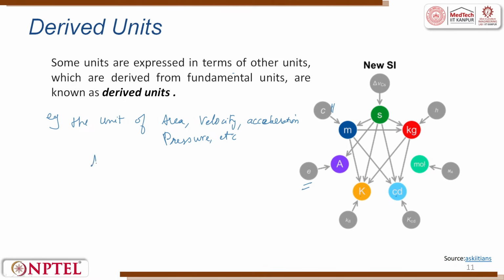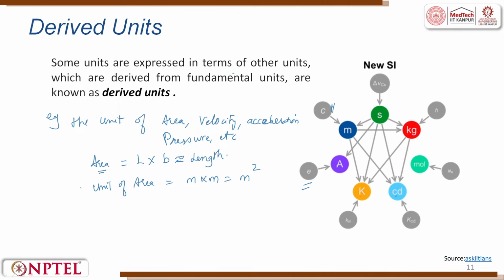For example, area is taken from length into breadth, which is taken from a length scale. Okay. So, units of area will be meter into meter. So, that is always expressed as meter square. So, this is a derived unit.